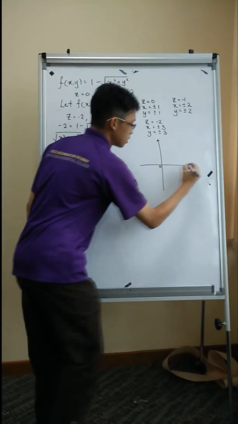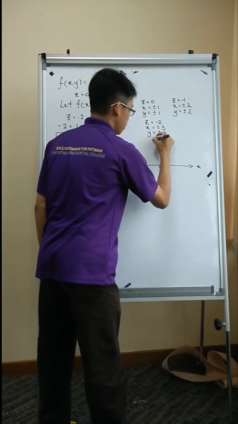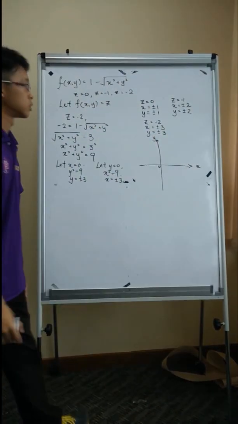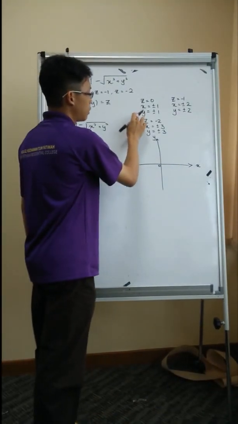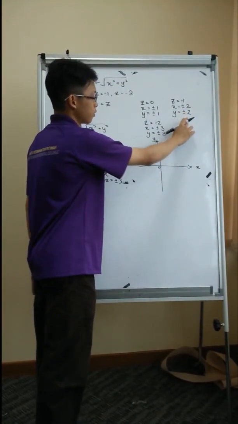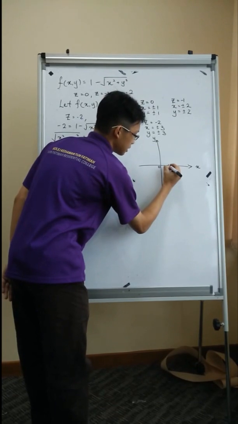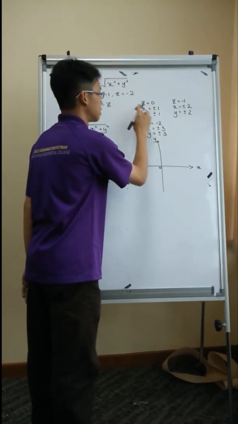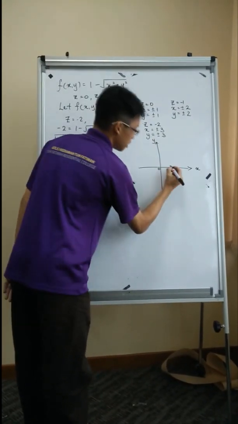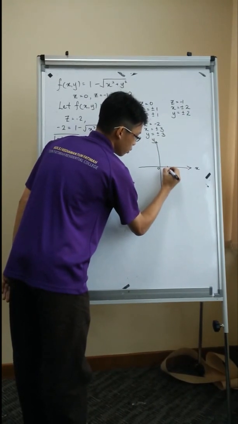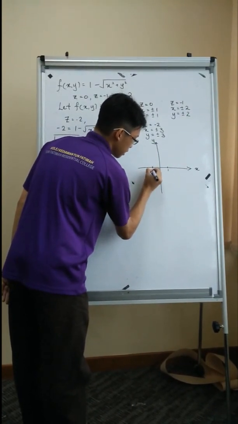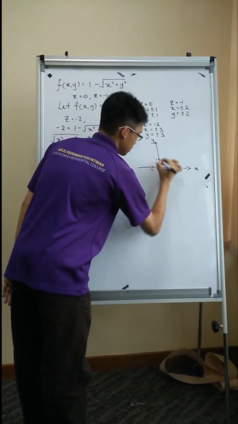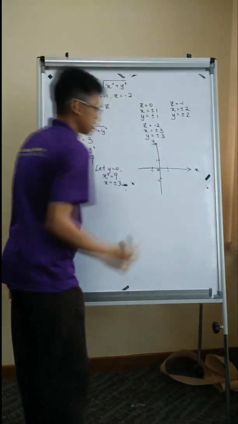So this one is 0, x and y. So we label all these values first. So first level z equal to 0, x is equal to 1, y is equal to -1. Same thing goes to y.